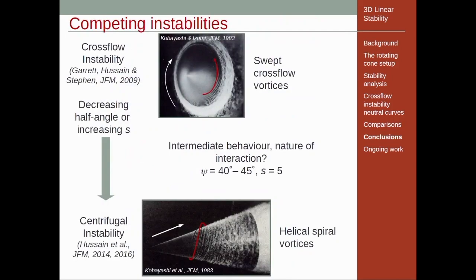And it turns out that this is where the slender cone comes back in, and we have a different mechanism entirely that causes the vortex structure. We still see the vortex structure, but if you zoom in, instead of co-rotating vortices, you see counter-rotating vortices, which is indicative of a centrifugal mechanism.